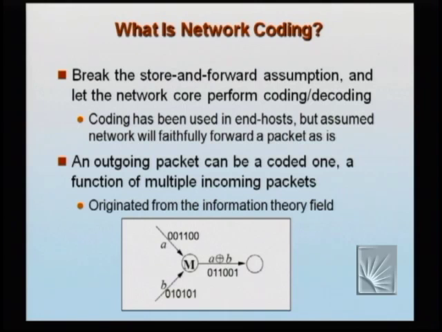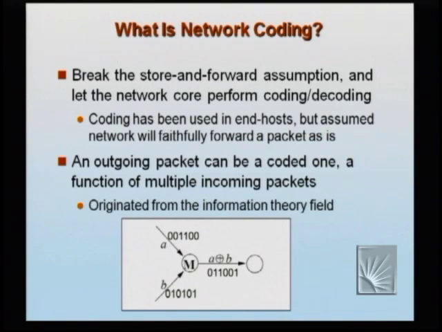Now with network coding, an outgoing packet can be a coded one. Just look at this example. This is a router that receives A and receives B. Normally we would forward A and then B, or first B, then A. Now with network coding, we can do this.